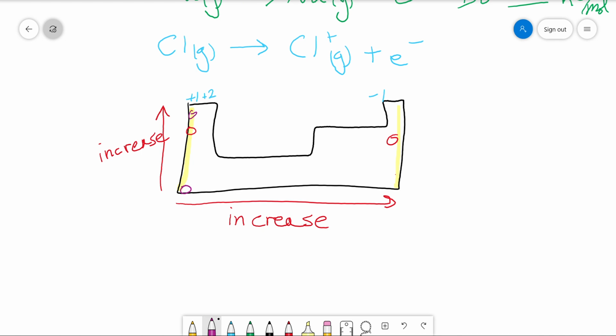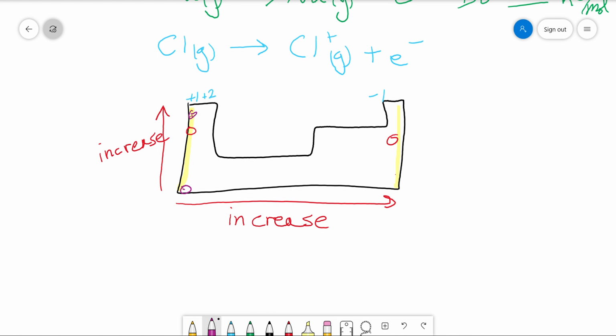Say a francium down here versus lithium up here. Okay, lithium is a small atom. It holds its electrons close to the nucleus in that 2s orbital. Down here, we're in the 7s orbital. Okay, those are really far from the nucleus, so the hold on those electrons is not nearly as tight.